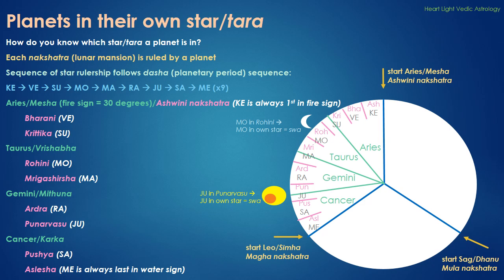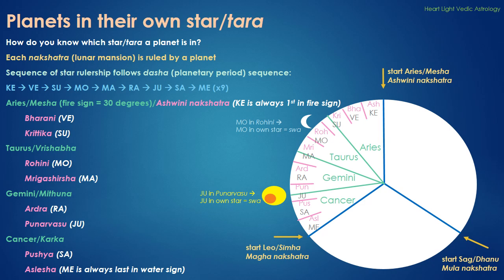Then after Rohini, we start Mrigashirsha. Half of Mrigashirsha is in Taurus and half of it's in Gemini. So Mrigashirsha straddles these 2 constellations. Mrigashirsha is ruled by Mars. Okay. Then if we go fully into Gemini, the next nakshatra is Ardra. Ardra is ruled by Rahu because Rahu follows Mars in the Dasha sequence.